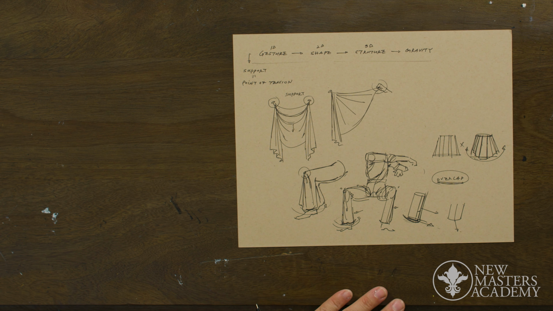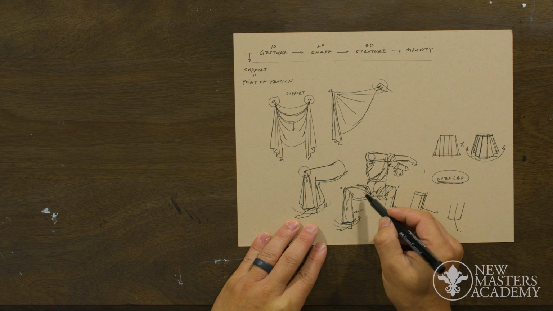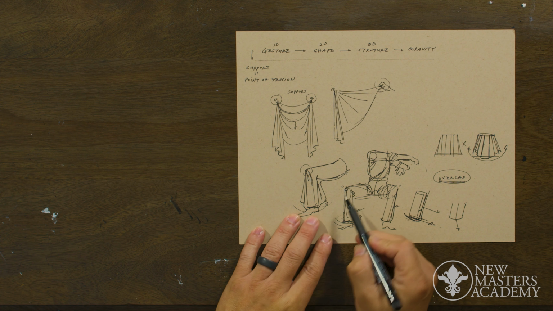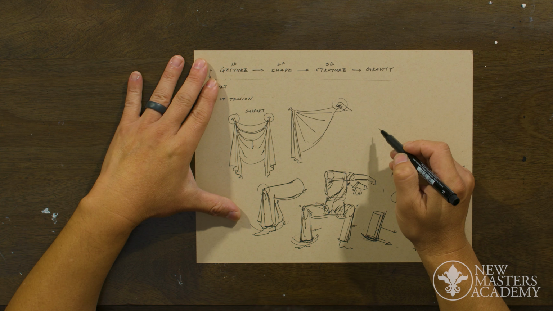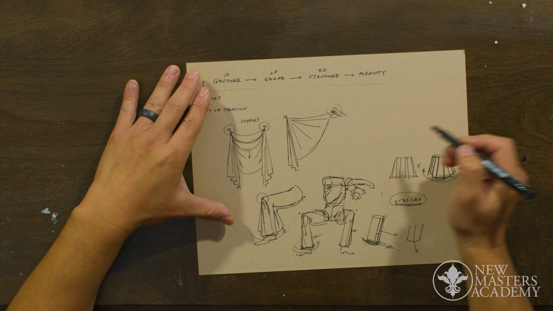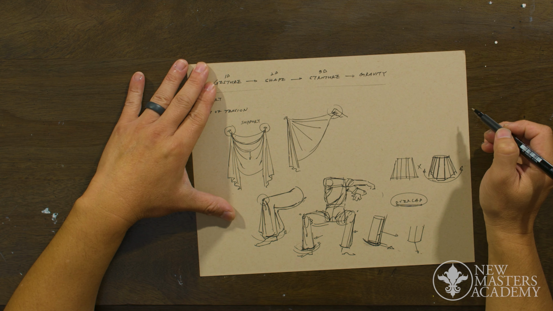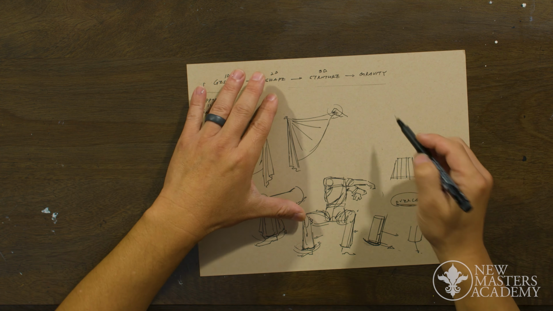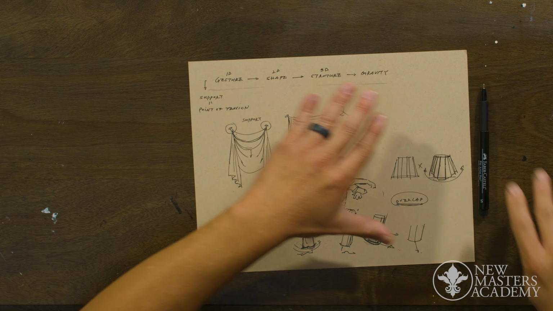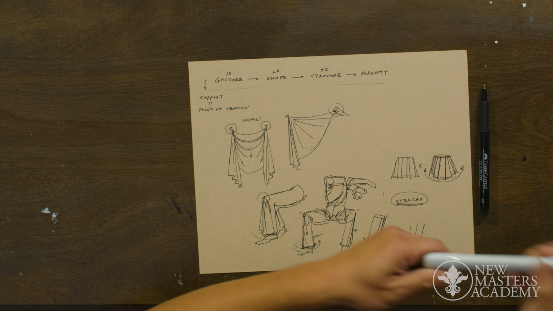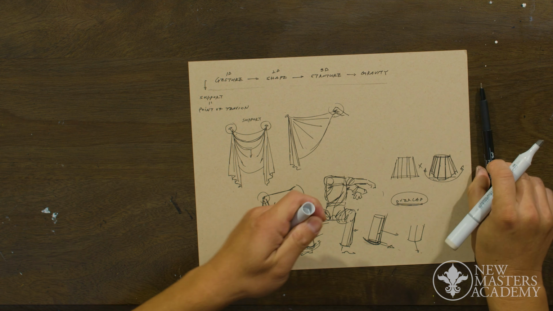Structural means form, and like here, what I just showed you, these folds are going to help you suggest that structural. So let's say we have a pedestal or something. Let me use a different color, a marker.